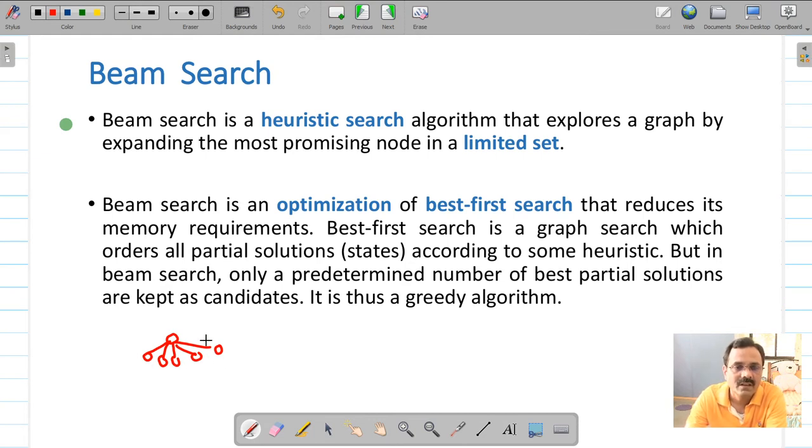If no, then out of these n successors, only a few successors are chosen. For example, these two successor nodes are chosen, and then these two are again explored further to generate their successor nodes. Again, after every iteration, you are going to check, is there a goal present among these successor nodes?